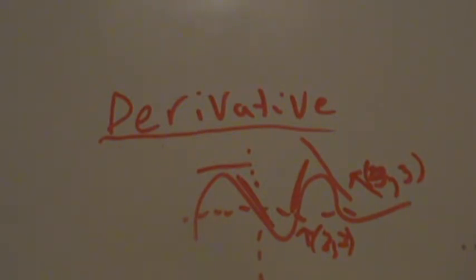So let's show the notation for the derivative. I'll show you the different notations. Typically we use Leibniz notation, which is technically dy dx. So what does this say?